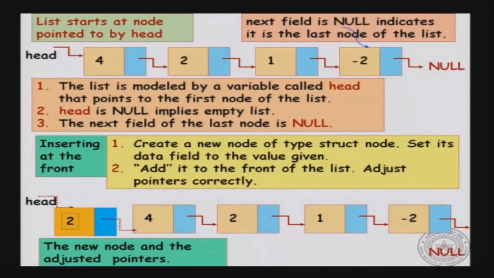That would insert 2 here, and now the list has changed, because the first element is now 2. So, head moves to 2; head was previously 4 and head now moves to 2. This is abstractly how you would insert a node at the beginning of a list.